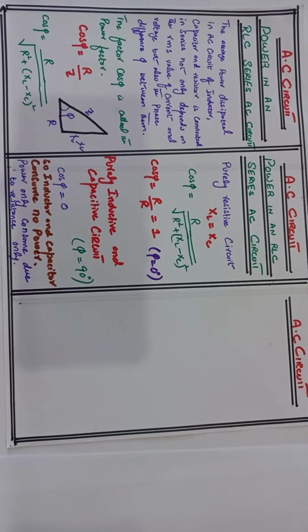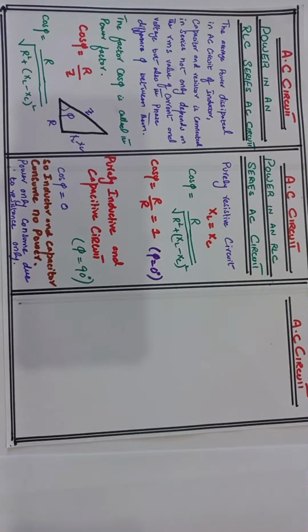Hope you understood today's lecture about the RL series AC circuit. First we discussed what an RL series AC circuit is. Then we calculated its resultant voltage and phasor diagram.